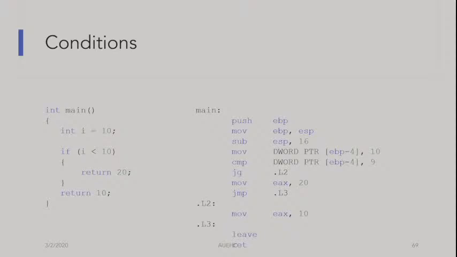I, right? Yeah, you guys are spot on. So that comparison, why is it 9 instead of 10? Well, it's because it's less than 10, right? And then it's jumping if it's greater than. Yeah, we'll get used to that.